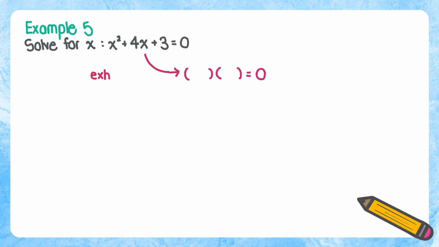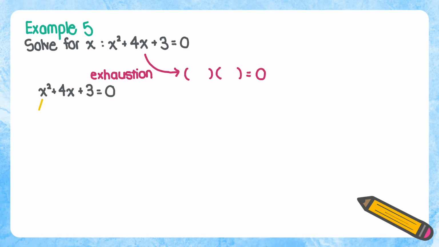So I am going to use the method of exhaustion to factor this quadratic polynomial into products and set it equal to 0. If you need a review on how to factor using the method of exhaustion, go ahead and look back on the YouTube video right before this.